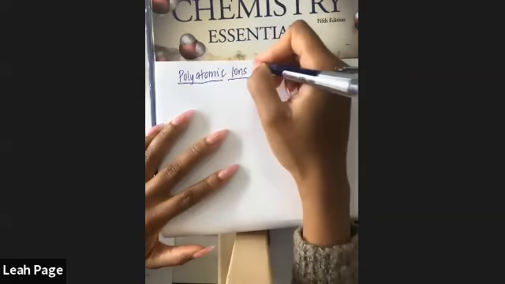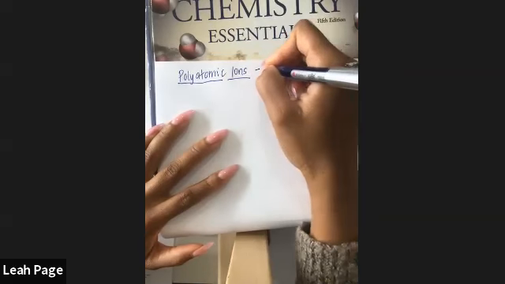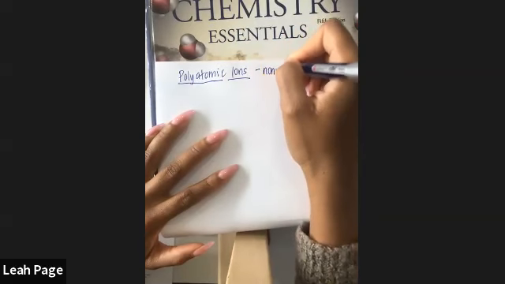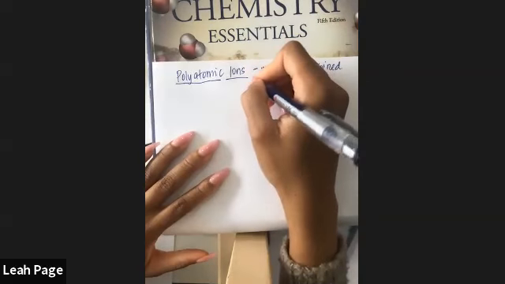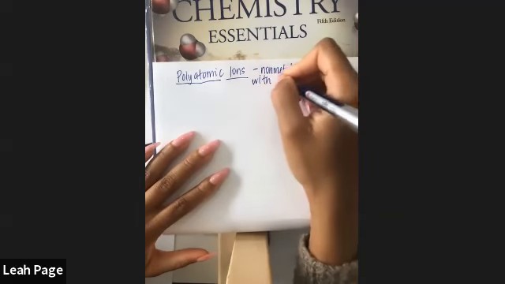Polyatomic ions are basically when you have groups of nonmetals combined with an overall charge.